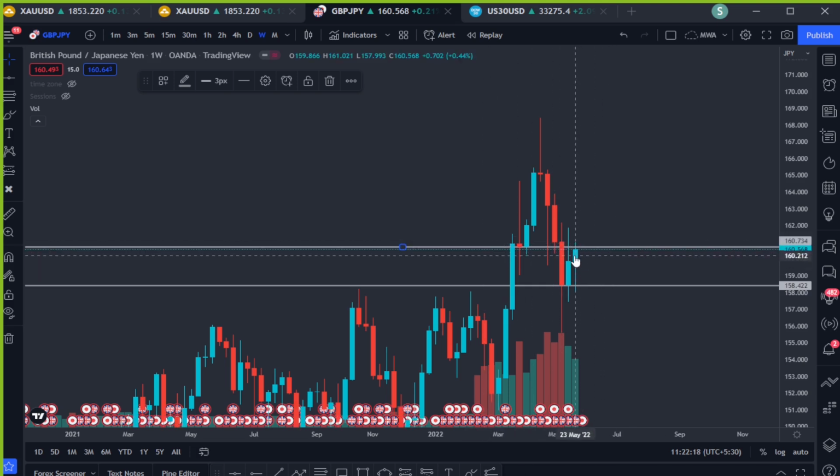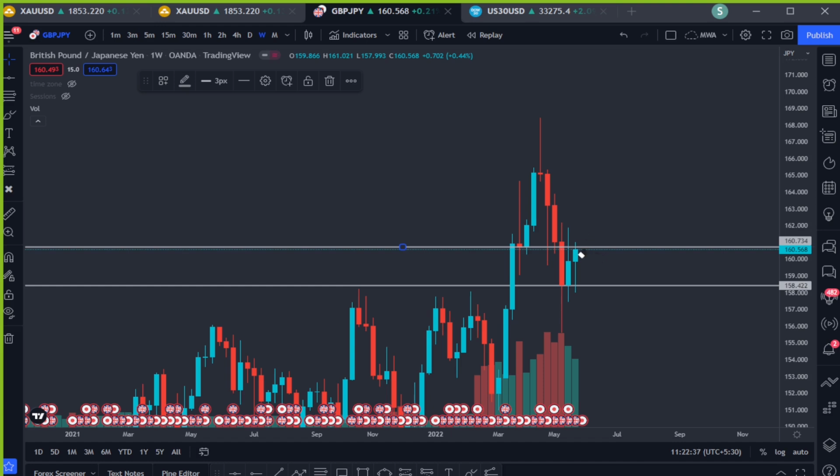If we had closed bullish above this resistance, we would have expected the price to move to the next resistance pretty easily. But as we can see, the price didn't do that and closed bearish, respecting the resistance.